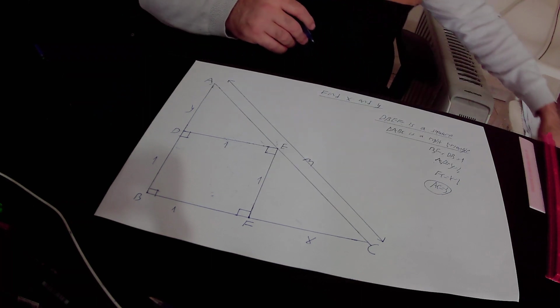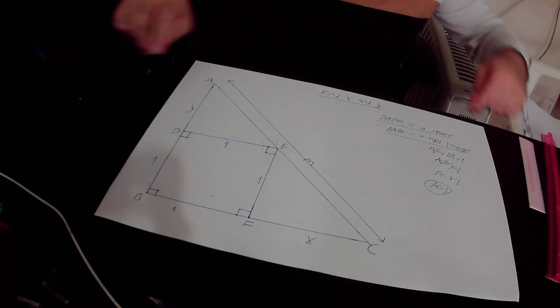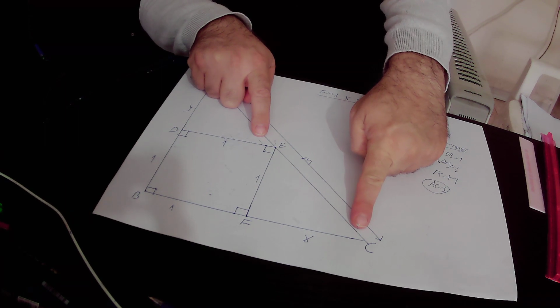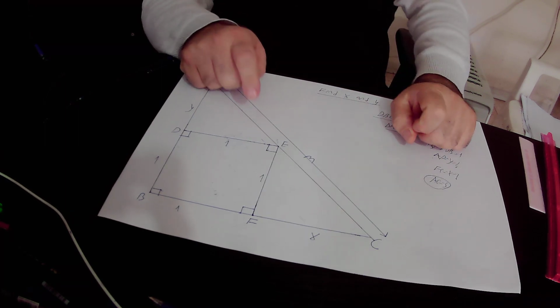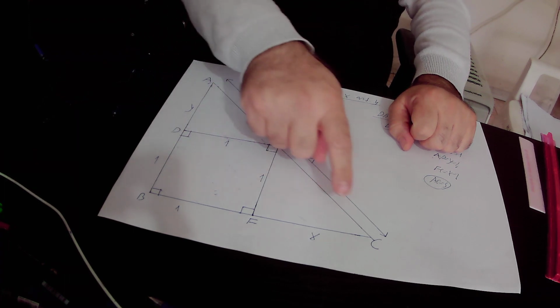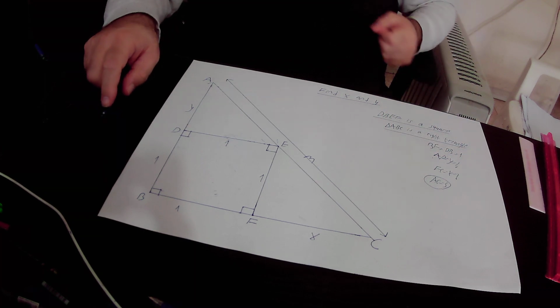So actually, those two angles are defined as corresponding angles, and they are located between the parallel lines DE and BC, therefore they are equal to each other.